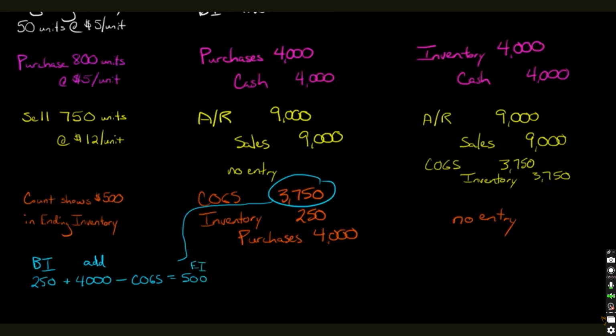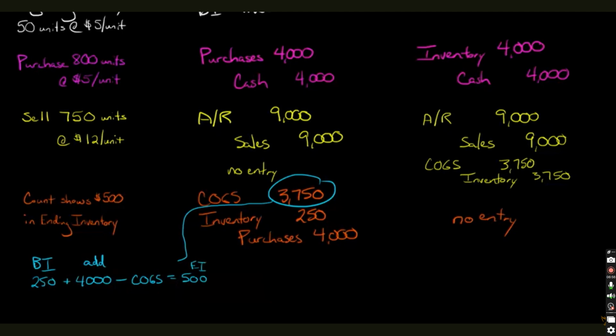So by using this ending inventory amount, we can solve for what our cost of goods sold is. All we're saying here is really simple. We're saying, look, what we started with, we added something to it, we took something away, and that left us with $500. And our only unknown is what we took away, what the cost of goods sold was.